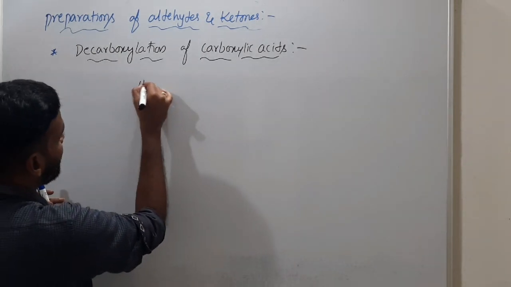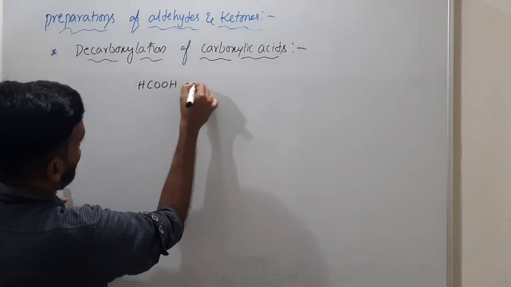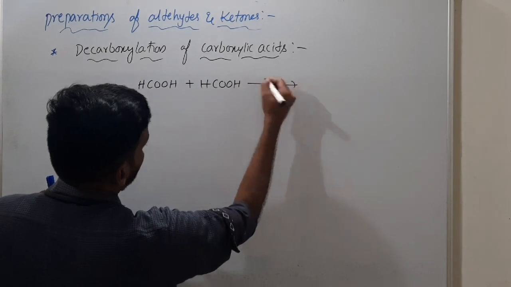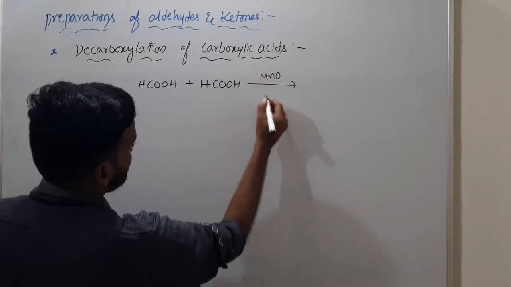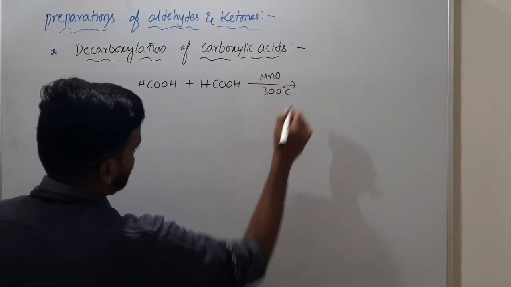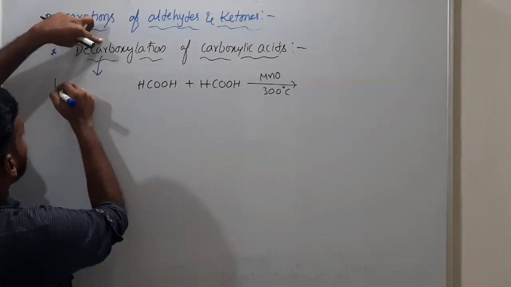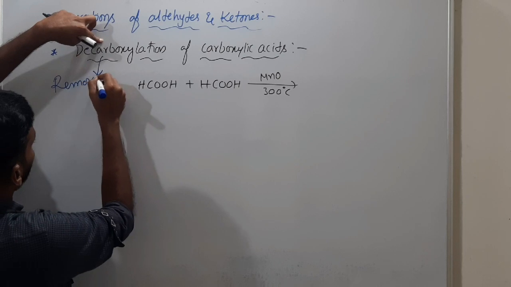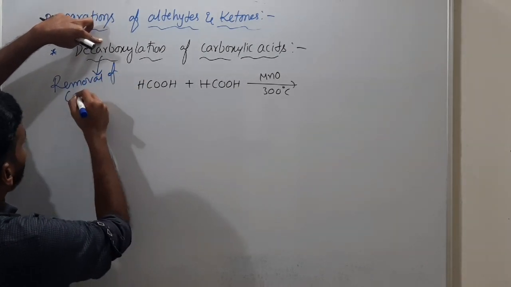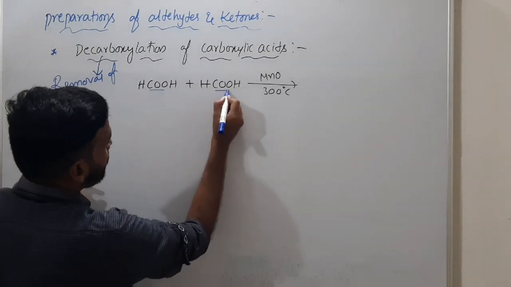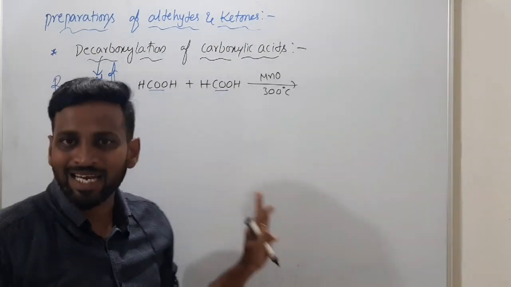If you take HCOOH and HCOOH, two moles, with manganese oxide MnO at 300 degrees Celsius, because heating is required, since decarboxylation means removal of carbon dioxide. Same story here also, you have COO and COO, but it is not a calcium salt.